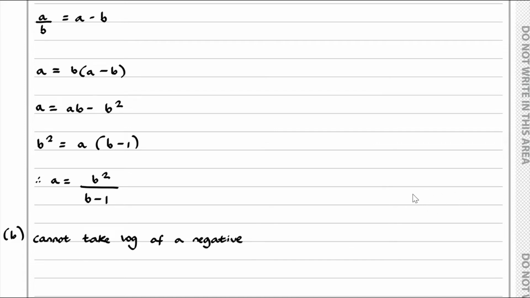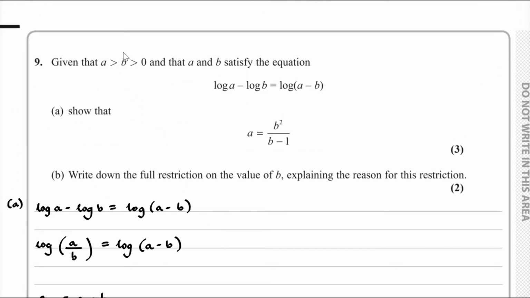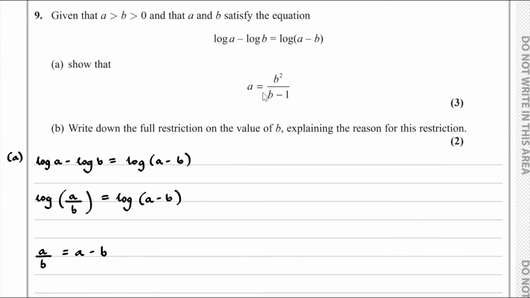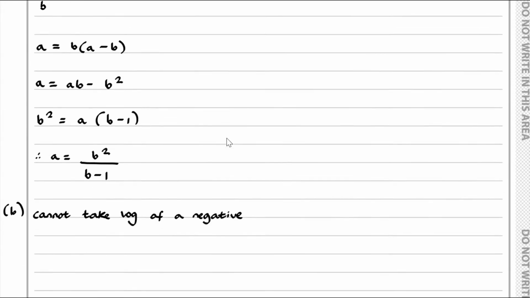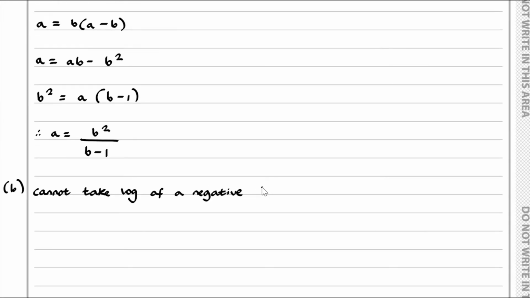So we cannot take the log of a negative, and because of that, if we take a look at what we have over here for log B, well, the B can't be negative, so B must be greater than 0, and also A must be greater than 0. So therefore A is greater than 0 and B is greater than 0.